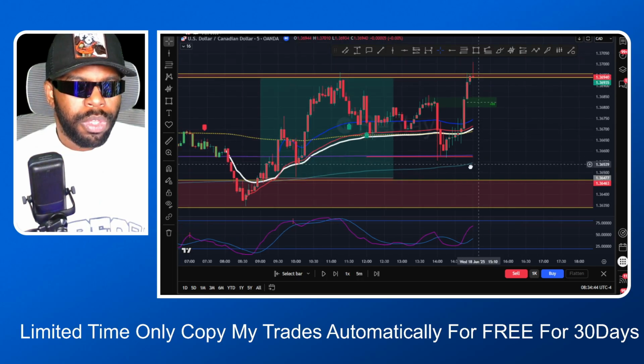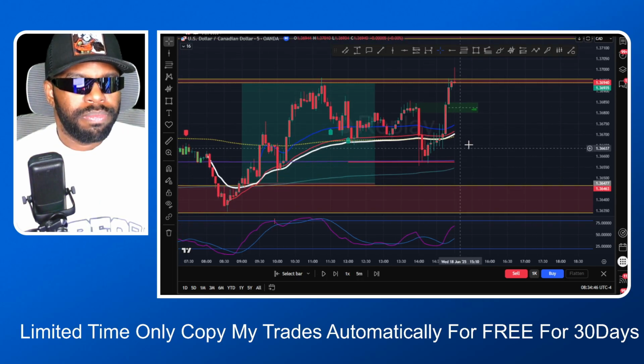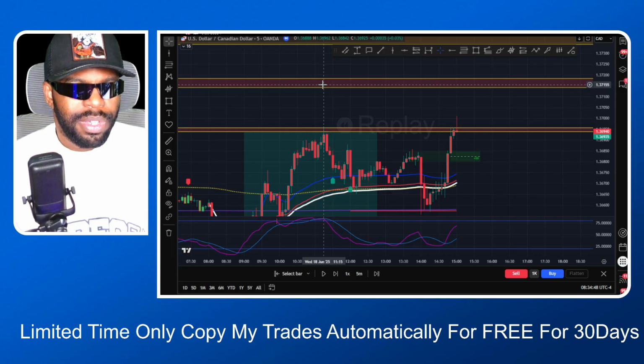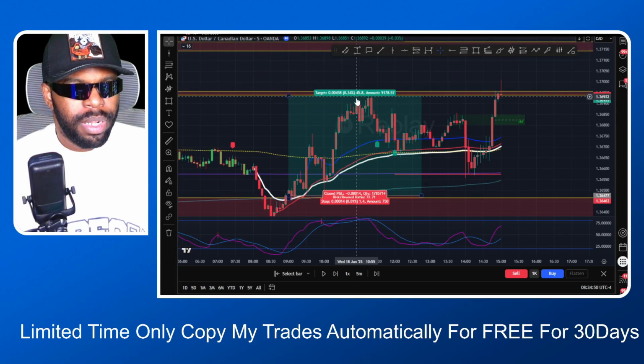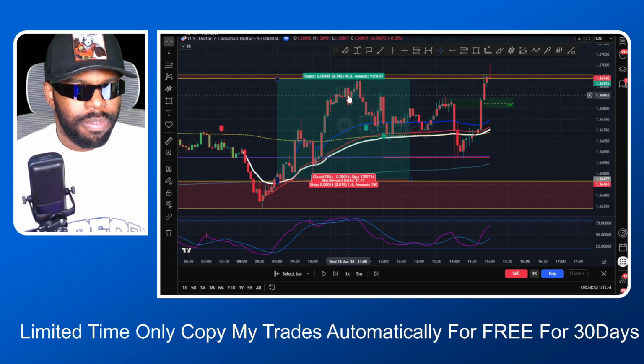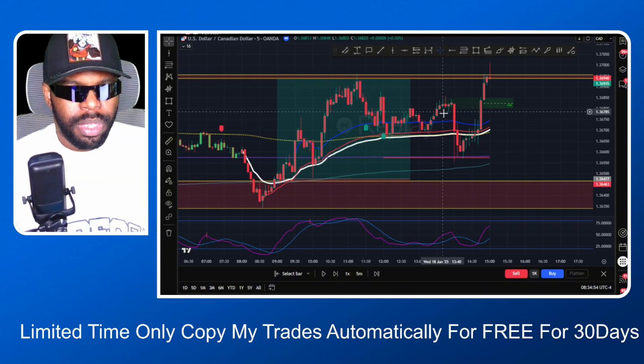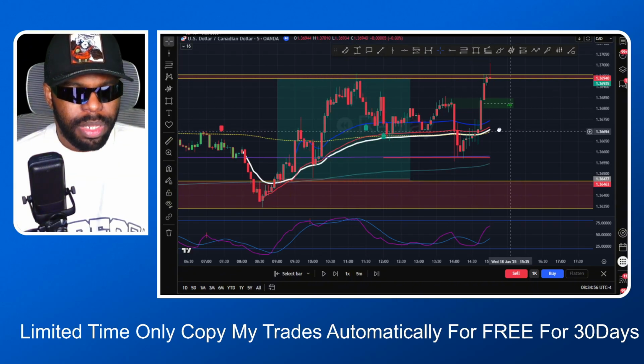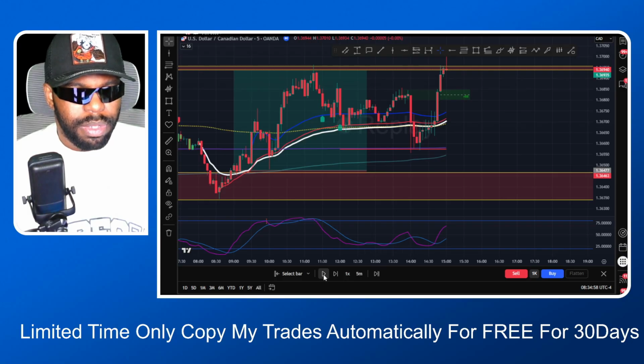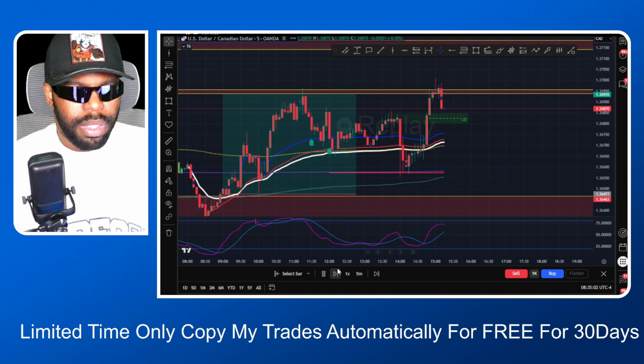Either way, you could have made money because we were trying to target this zone here, but we still ended up winning the trade because if you were targeting here, you would have made money. If you would have waited, you would have made money here. But let's play it still, see how the session ended.